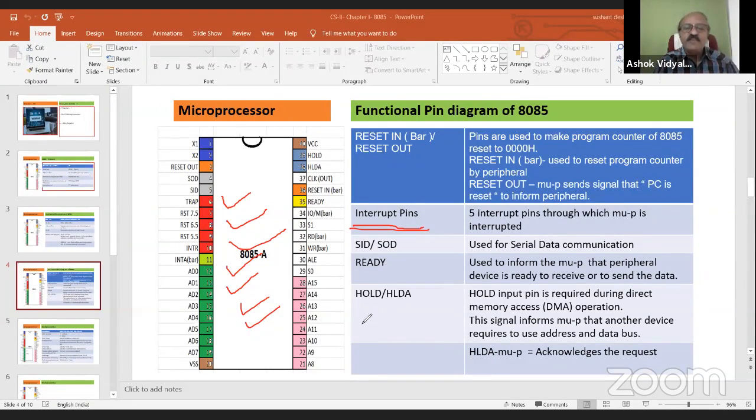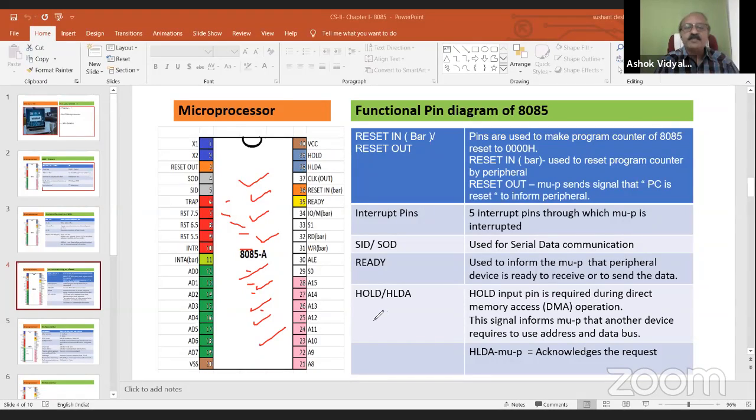When an input peripheral wants to give a signal to the microprocessor, the microprocessor will not every time ask, are you ready, are you sending me the data or not, because the microprocessor has to do n number of works. So the microprocessor keeps on working on the instructions.